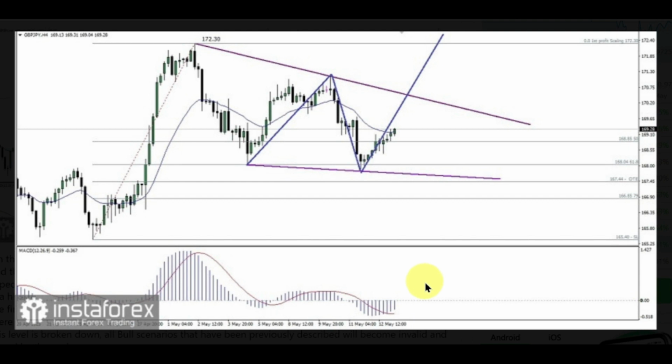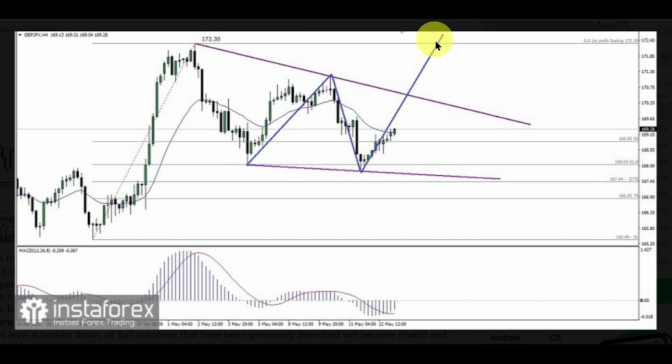So there is a high probability for GBP-JPY in the near future to rally up to the level of 171.14 as the first target, and the level of 172.30 as the second target.